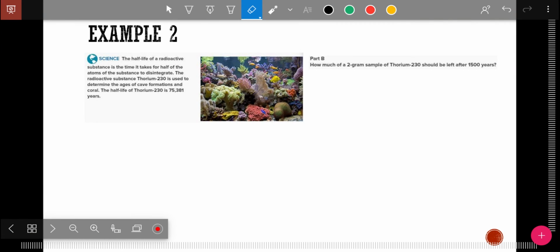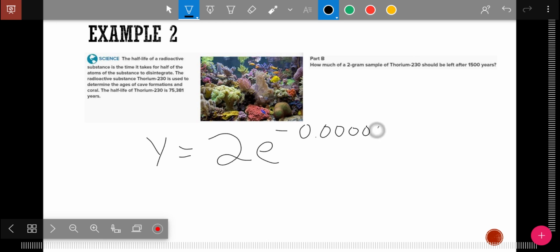Right. So now I need to know how much of a 2 gram sample is left. So how much? I don't know. That's the question. I don't know what the new amount's going to be. I know I started with 2 grams. I know my rate is always negative in decay, 0.00000092, right?